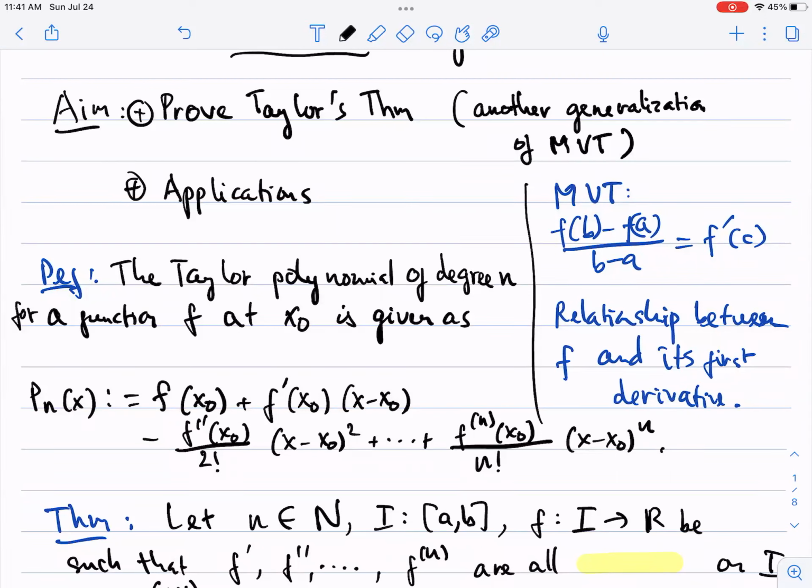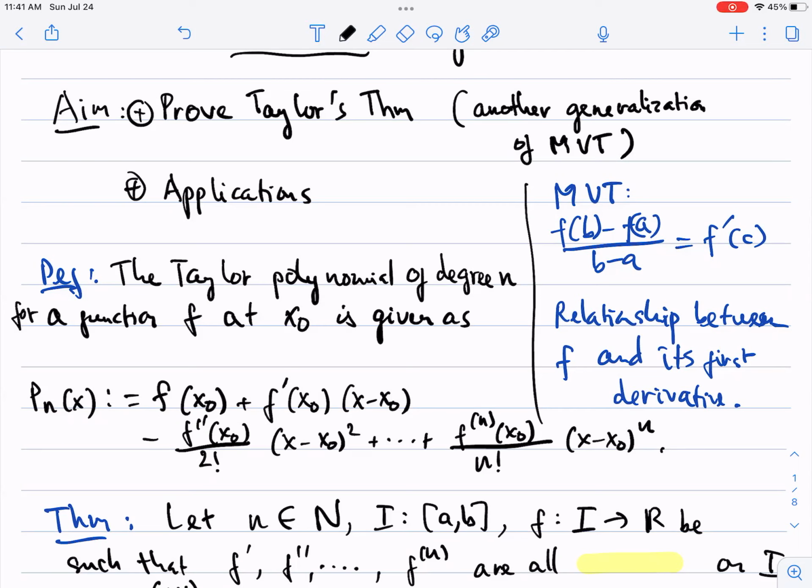We can also consider the mean value theorem as a relation between the function f and its first derivative. In this perspective, we can generalize the mean value theorem in the following way. Instead of just one derivative, we can try to relate the function f to as many derivatives as possible. That is actually the idea behind the Taylor theorem we are discussing today.